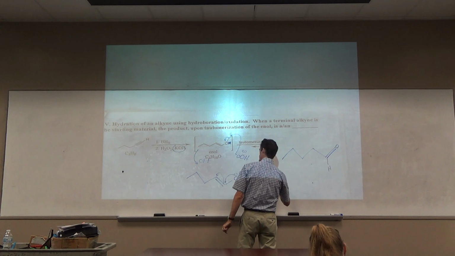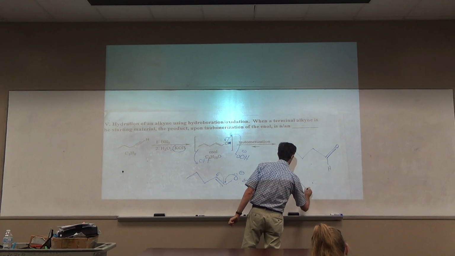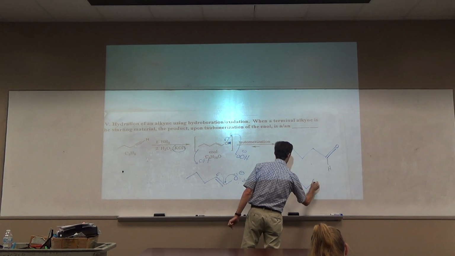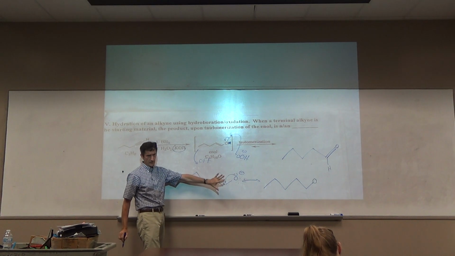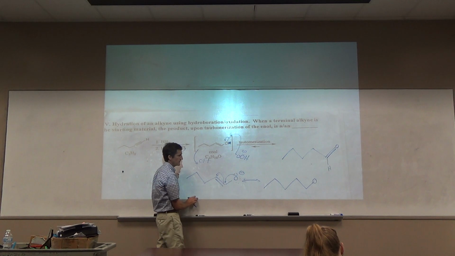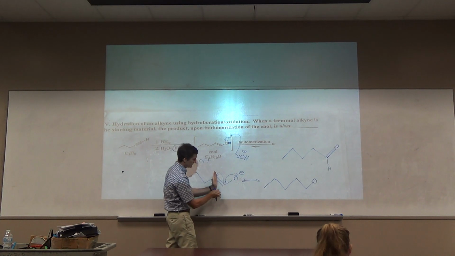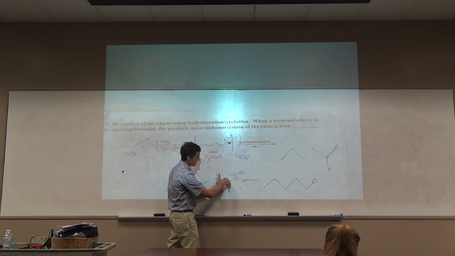Now that you should be able to show. You may not be able to come up with the arrows, but once I show them, now you should be able to show what these arrows give. What's now between the C and the O? These move in to make another bond.